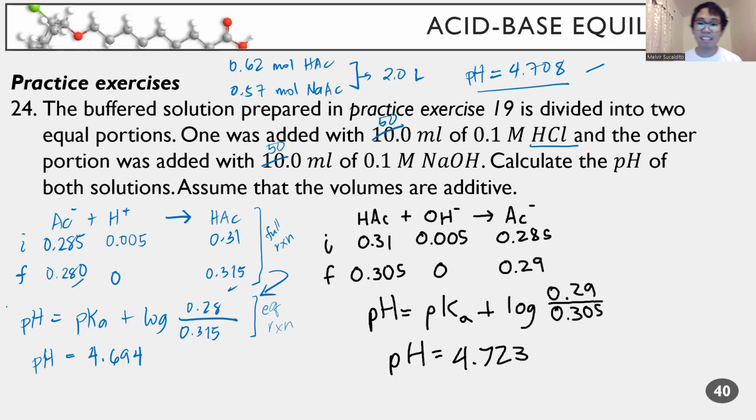Actually, for this case, if you'll notice, the difference between this pH and this one is equal lang din sa difference ng pH nito at ng pH na to. Tama ba?